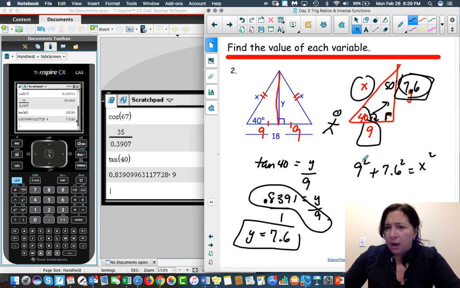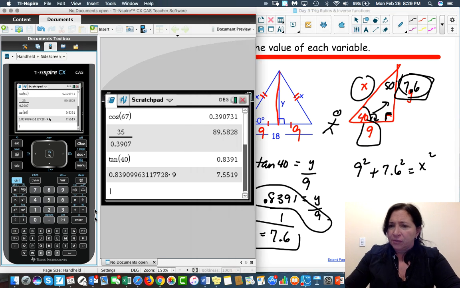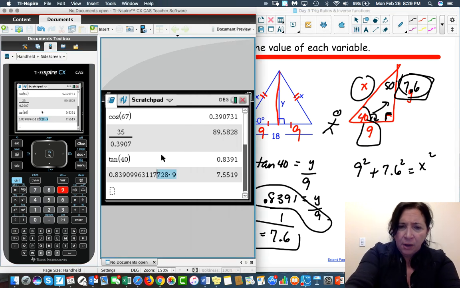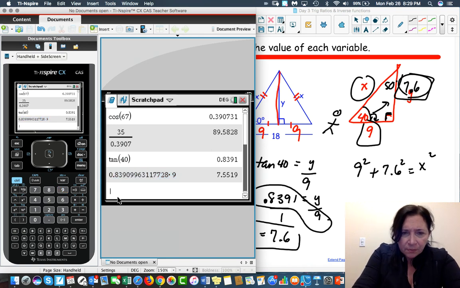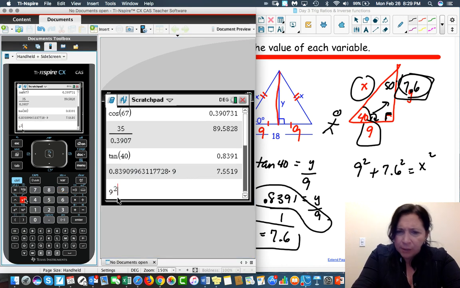Now, I need to add these up. I'm going to use my calculator. I'm going to go 9 squared, plus 7.6, and that's also squared.